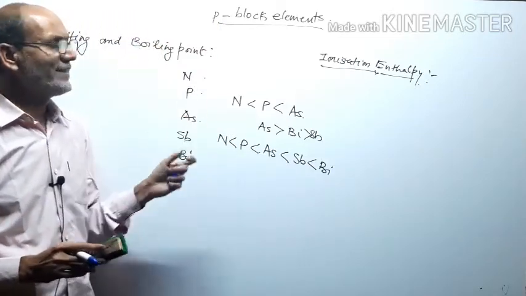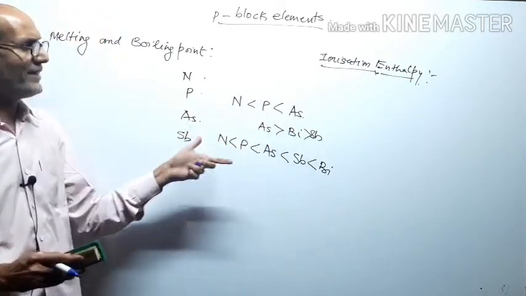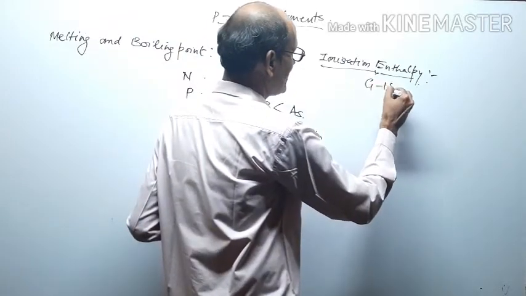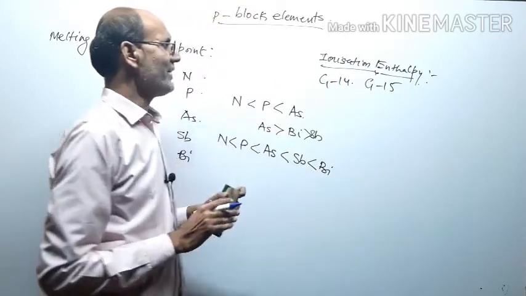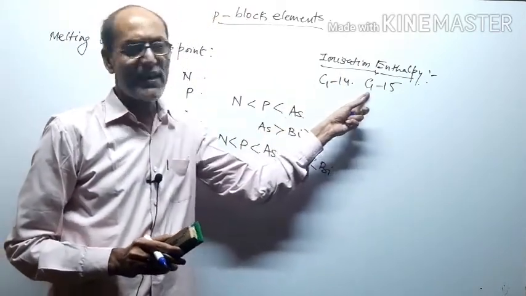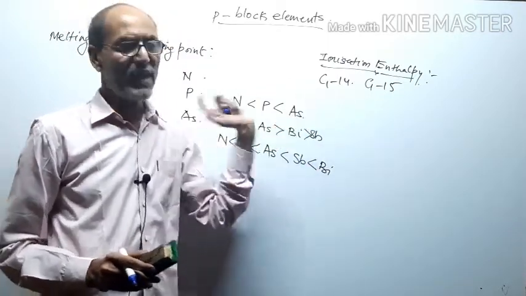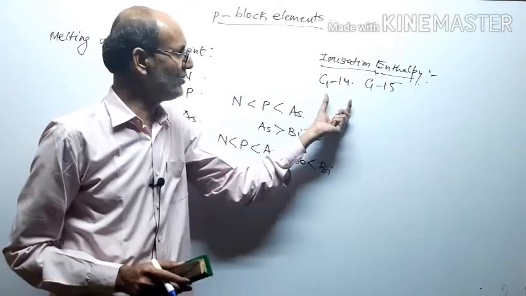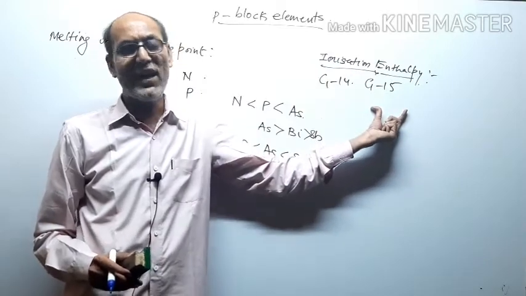Dear student, in comparison to the group 14 elements, group 15 elements have extra high ionization enthalpy. Group 14 elements have high ionization enthalpy, but group 15 elements have extra high. That means if we move from left to right, ionization enthalpy increases, but the increase from group 14 to group 15 is very large.